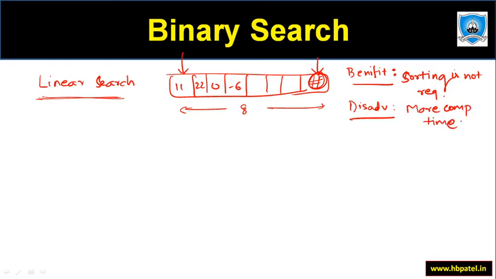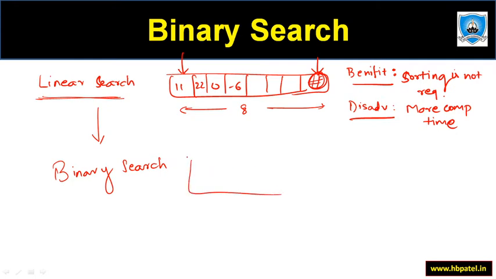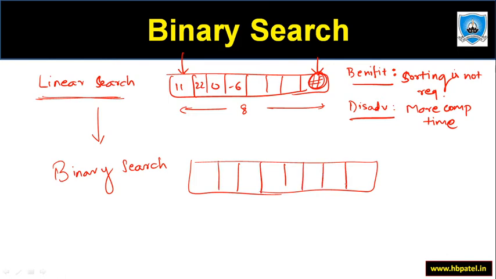So now there is another searching technique, that is the binary searching technique. In binary search it requires less time compared to linear search. But there is a condition to search using this technique: the elements are required to be in sorted form. Over here sorting was not required, but in this case sorting is required.